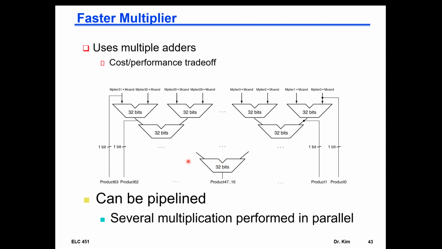And that is a decision that normally gets made in favor of performance, because we can put a lot of hardware on chips.